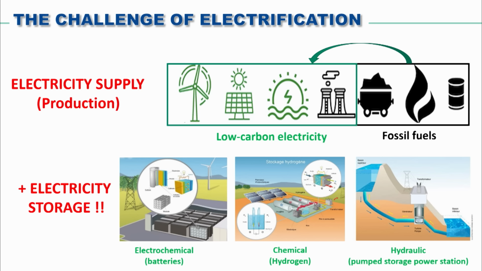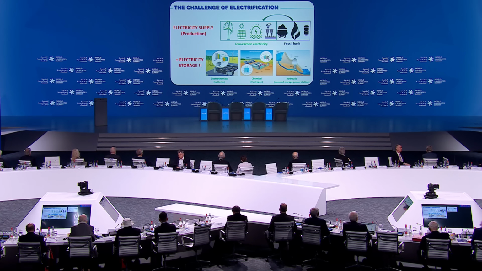In contrast, we have been less successful, and we need research and innovation in electricity storage, which is absolutely required for dealing with an increasing share of intermittent sources of energy, I mean solar and wind. By storage, I mean massive capacity of electrochemical storage like batteries and mega batteries, chemical storage with hydrogen in particular, and hydraulic storage with more pumped storage power stations.